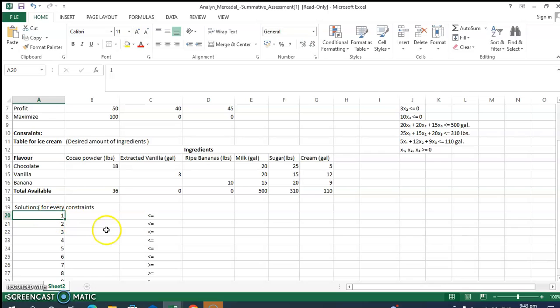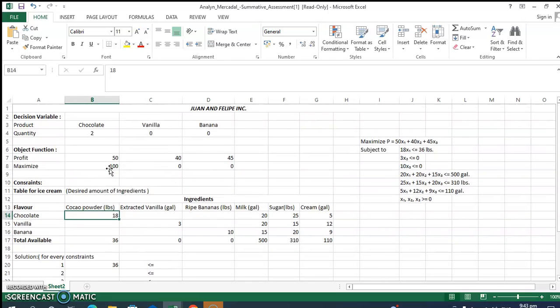So number 1, which is the chocolate. The cocoa powder is 36, because 18 times x sub 1, since it is chocolate, the quantity is 2.